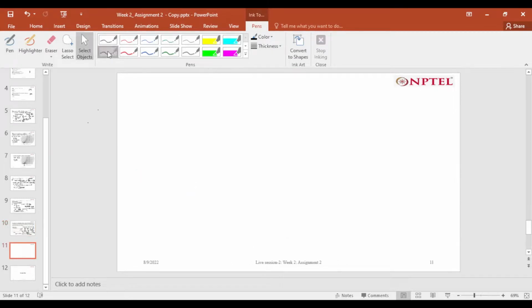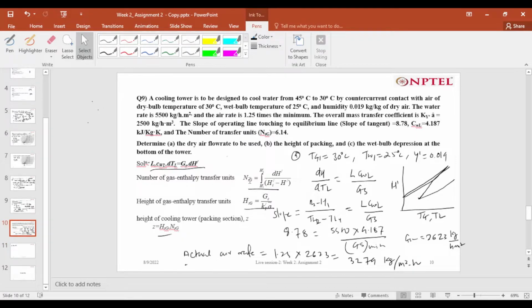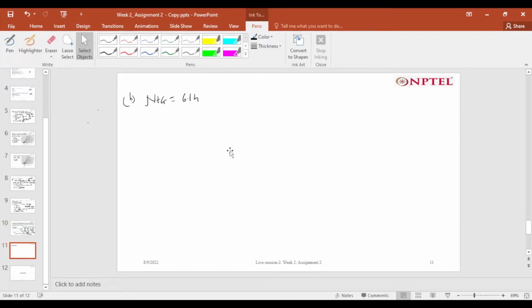Now B. NTU is given as 6.14, the number of transfer units. Then we have to calculate the height of a transfer unit.